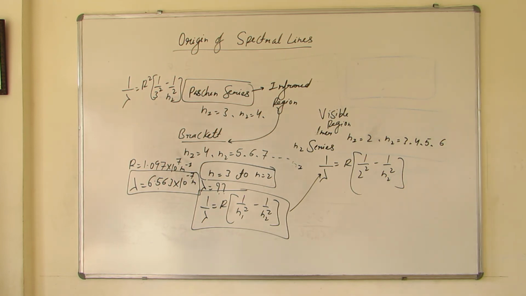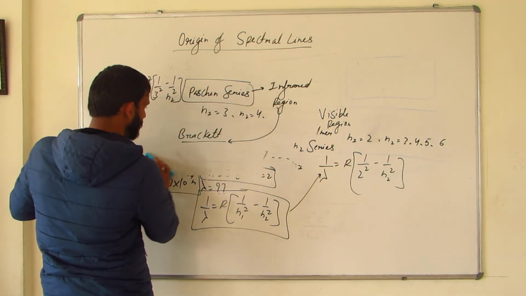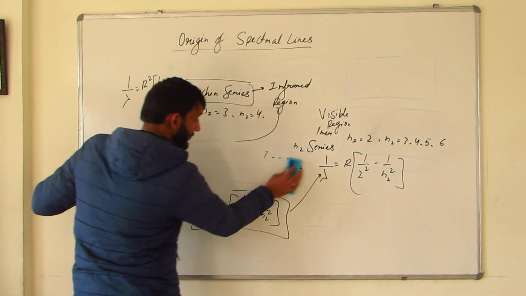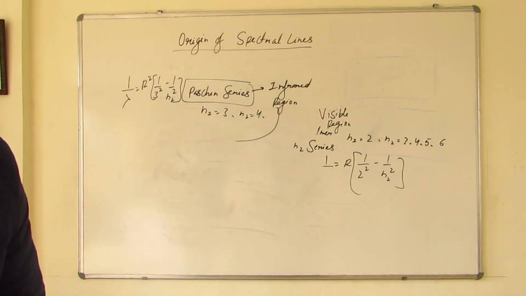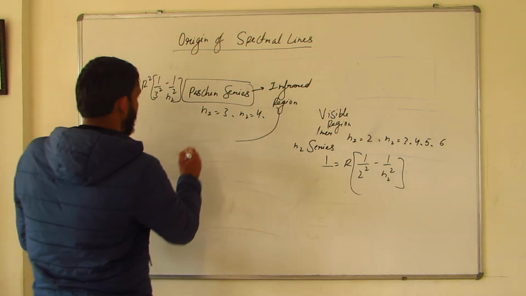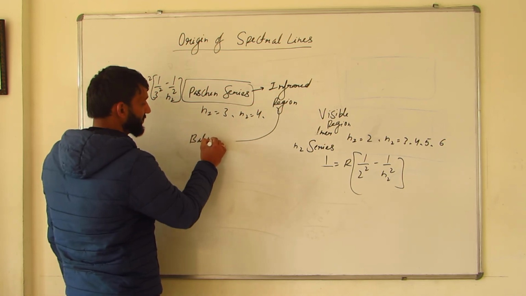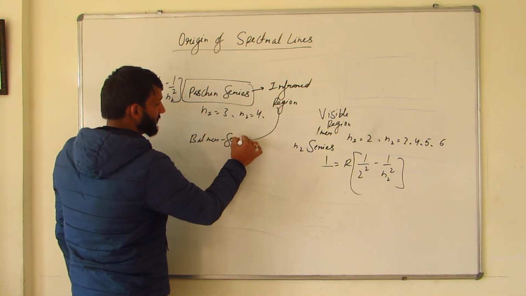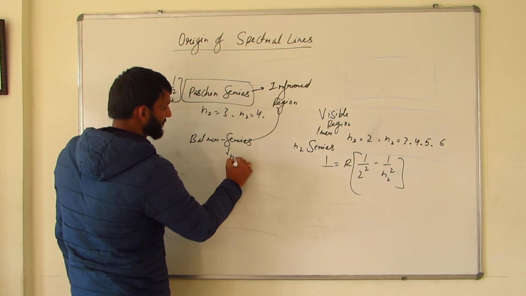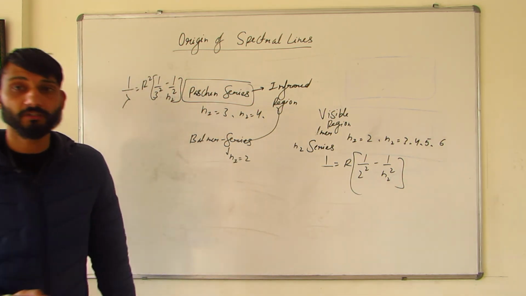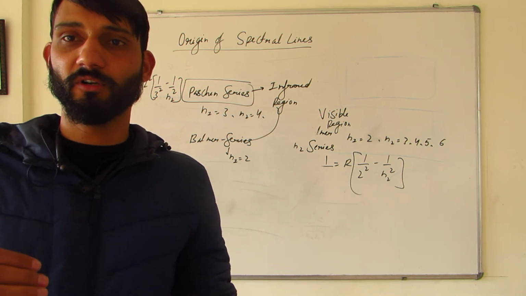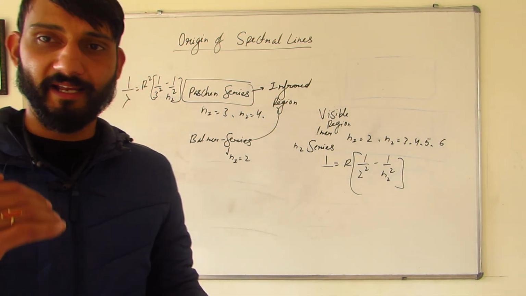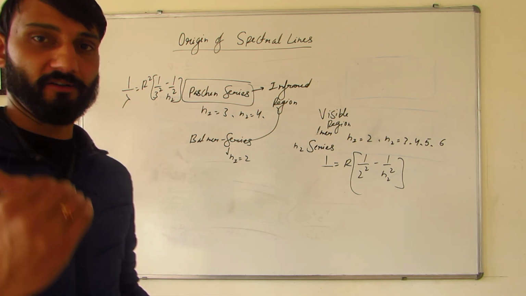Now Balmer is for n1 equals 2. Now Balmer series starts when n1 equals 2. So when n1 equals 2, either the electron is coming from the higher orbit to the lower orbit, or it is going from the n1 equals 2 orbit to the higher orbit.